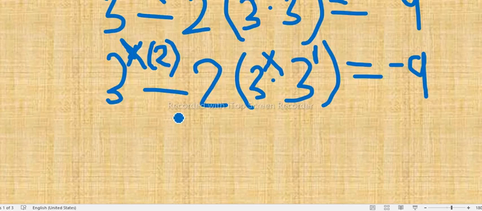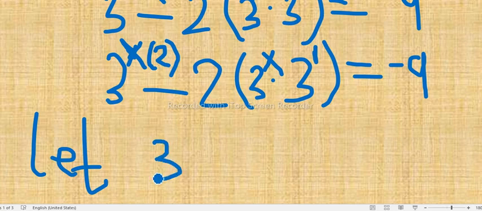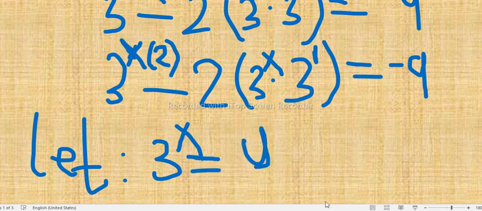Because here we have 3 power x and also here we have 3 power x, we can let 3 power x represent a certain letter, and that's where the quadratic equation comes. Let 3 power x be y.